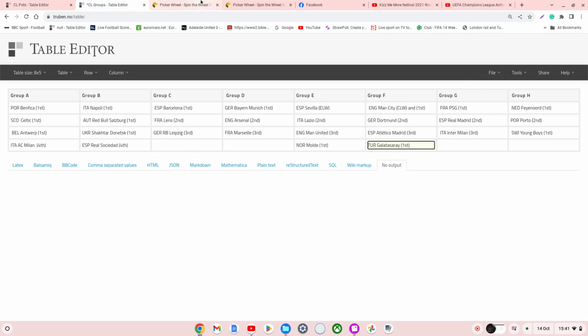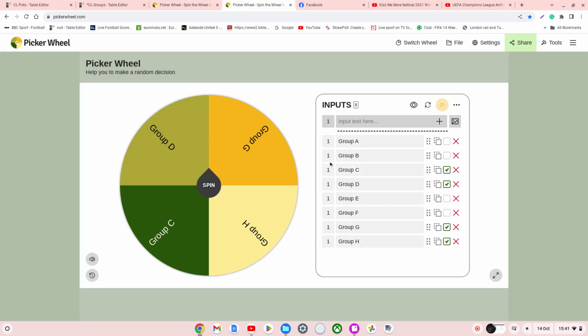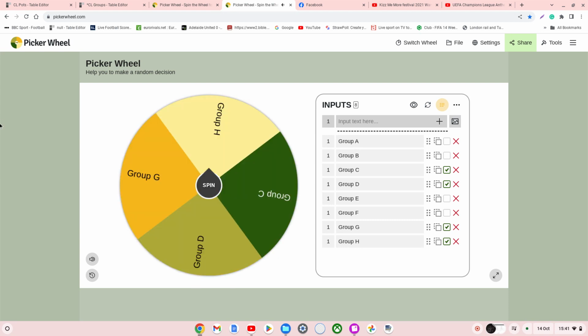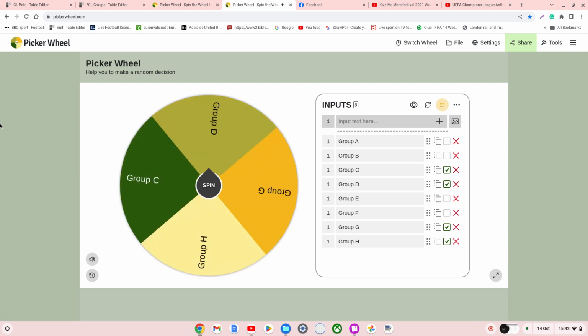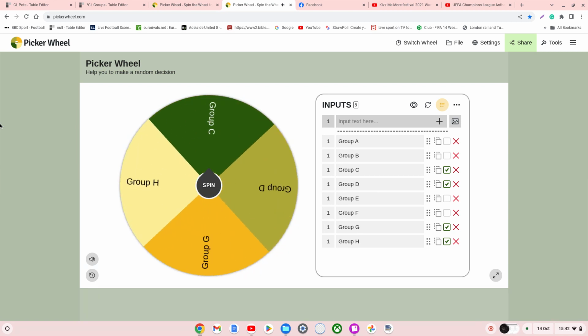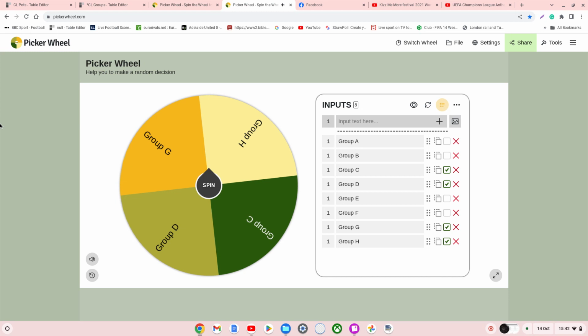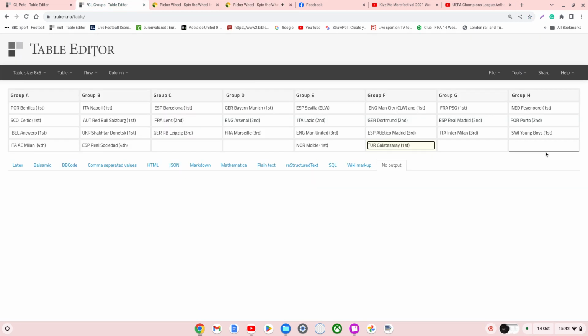They are from Hungary, and they have all 4 available options: Group C, D, G, or H. And it's H. Group H for Fenerbahce. Fenerbahce will be playing against Young Boys, Porto, and Feyenoord.